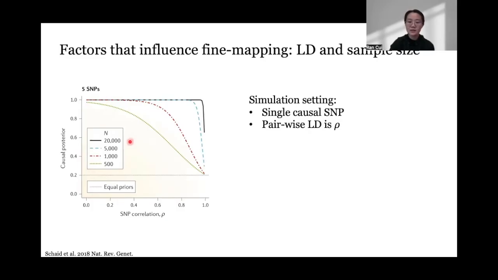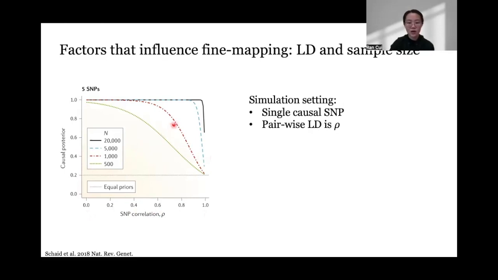And he noticed that as the correlation among the SNPs in the region increases, the causal SNP's PIP goes down. And the algorithm becomes less and less certain about the causality of the SNPs. But then you notice that this can be compensated by higher sample size.